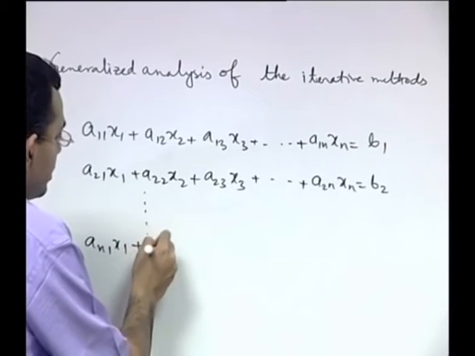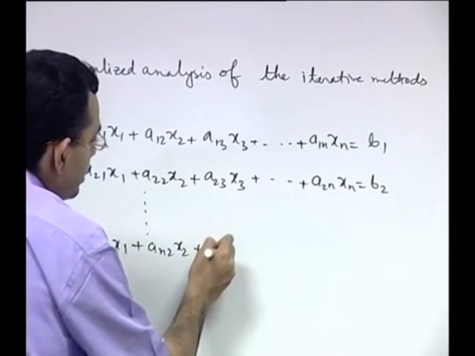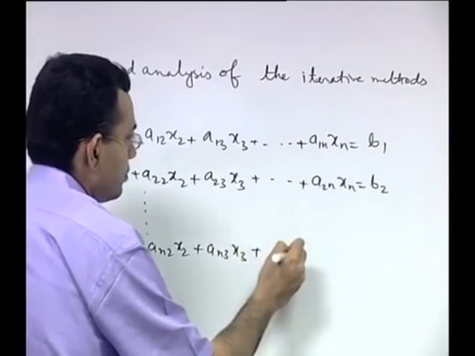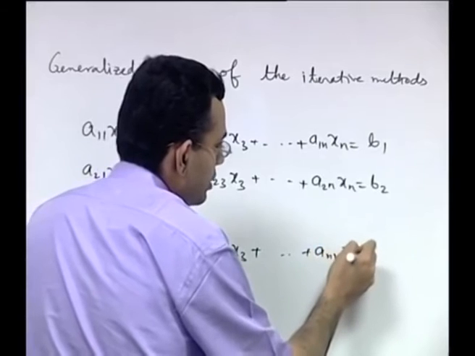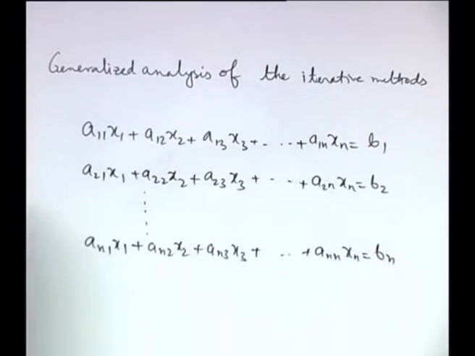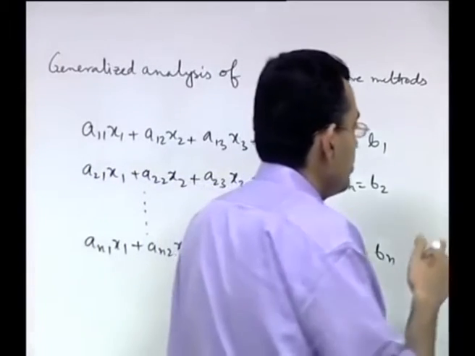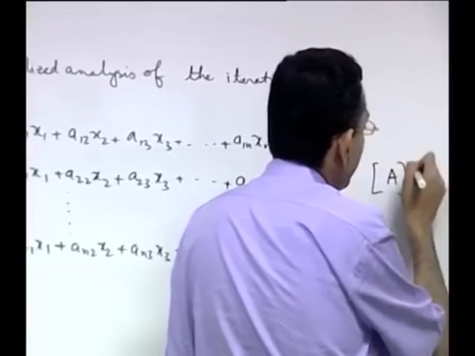An1 x1 plus An2 x2 plus An3 x3 plus Ann xn is equal to Bn. So, let us try to write this particular expression in the matrix form Ax equal to B.